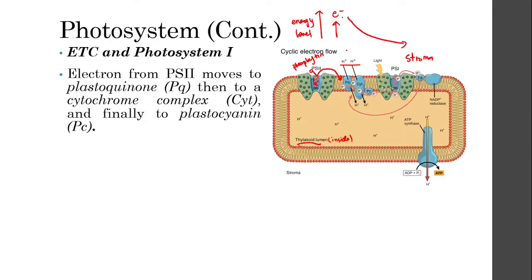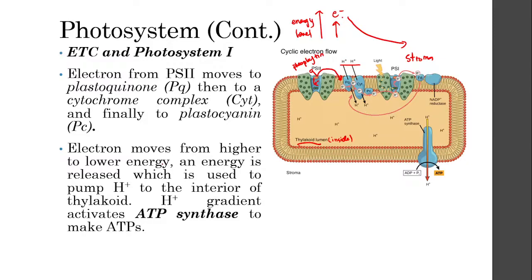The electron moves from higher to lower energy, and as energy is released, the plastoquinone and cytochrome complex use that energy to pump H plus to the interior of the thylakoid.